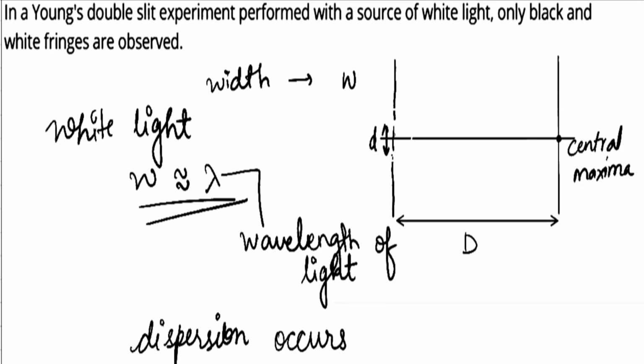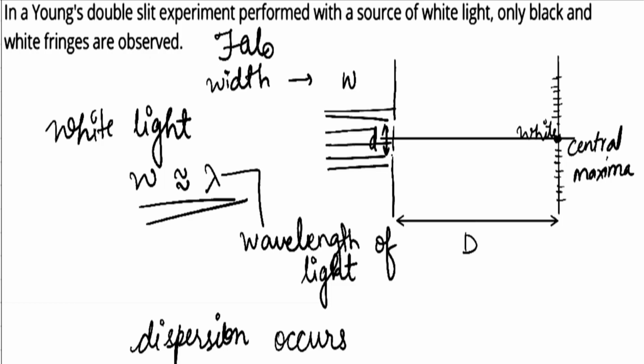Dispersion is the splitting of light into its constituent colors. So when white light falls on this width, it gets split up, we get white light at the central maxima, but we get different colored fringes, not black and white. We get colored fringes on either side. So this statement is false.